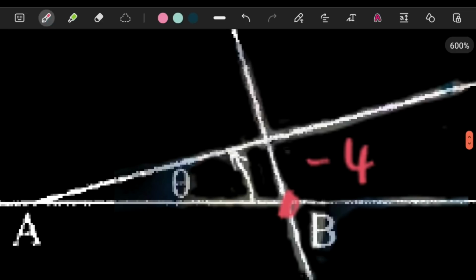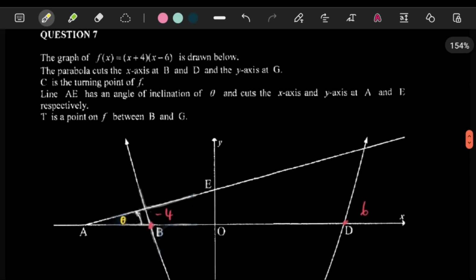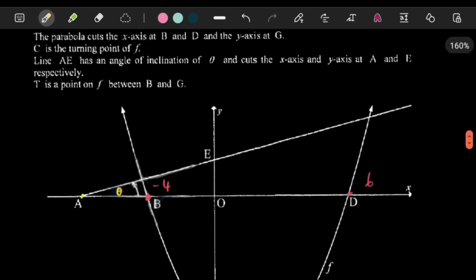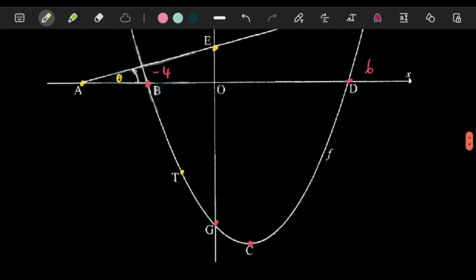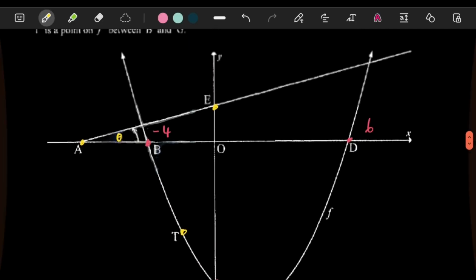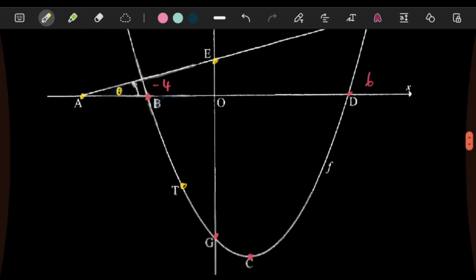Okay, so AE has an angle of inclination of theta and cuts the x-axis and y-axis at A and E. And then it says T is a point on f between B and G. This thing of saying between B and G is kind of weird. Just be clear. But we'll see.